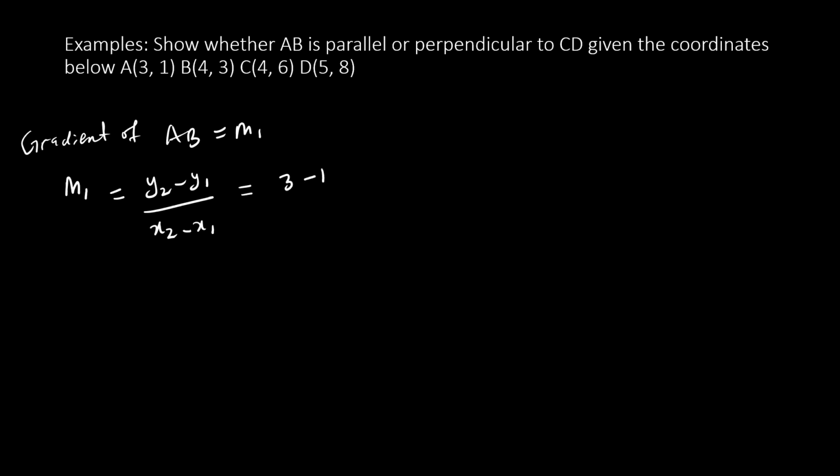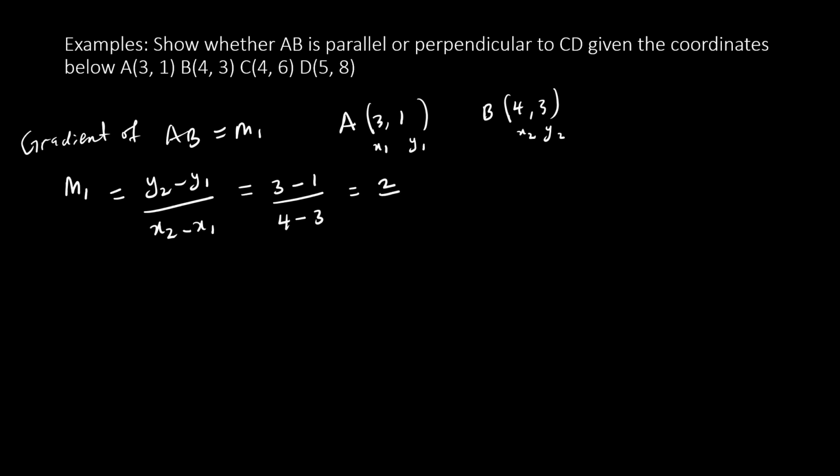But before we do that, let me write out the coordinates of AB. We have A equal to 3,1 and B equal to 4,3. So here we have our x1, y1, x2, y2. Going back to the formula, we have y2, which is 3, minus y1, which is 1, over x2, which is 4, minus x1, which is 3. So this equals 2 over 1, which equals 2.